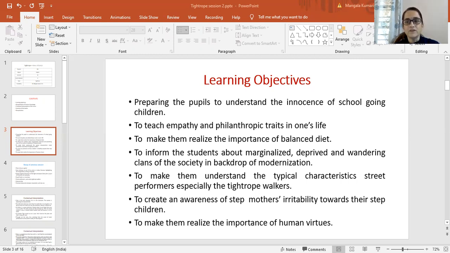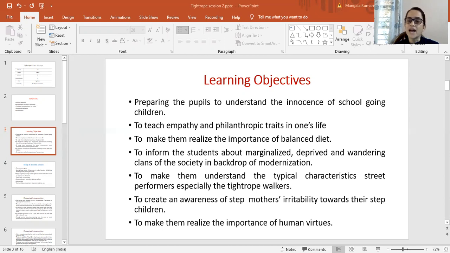A short story, as I have told you in the previous videos also, is a piece of prose fiction that typically can be read in one sitting, focuses on a self-contained incident or series of linked incidents with the intent of evoking a single effect or mood. The other definition: a short story is a work of fiction that focuses on one important event in the lives of a small number of central characters that can be read in one sitting.